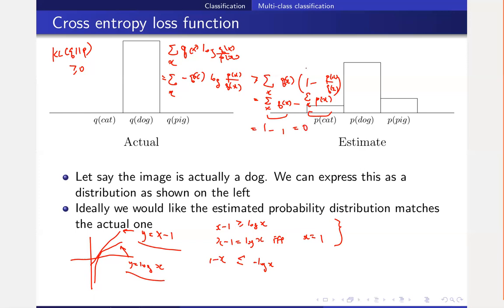And note that for this inequality, the equality holds only when x is equal to 1, right? x equal to 1 is basically Px equal to Qx. Therefore the KL-divergence here is always bigger than or equal to 0, and only equal to 0 when p and q are equal, so they have the same distribution.